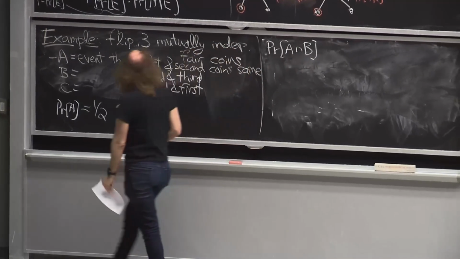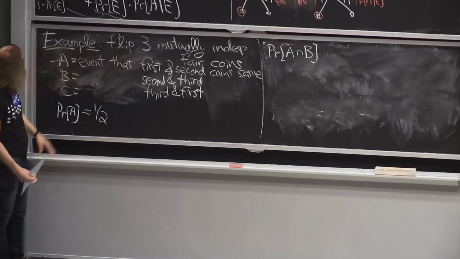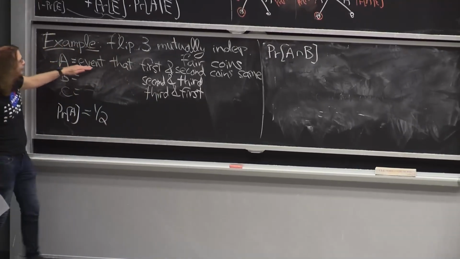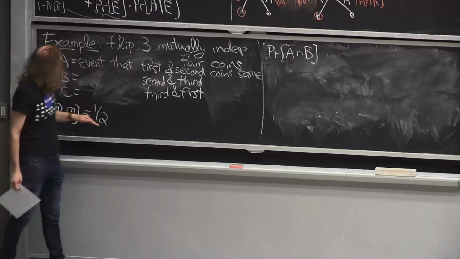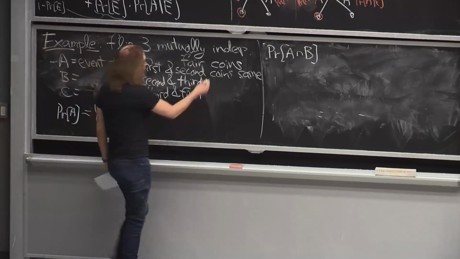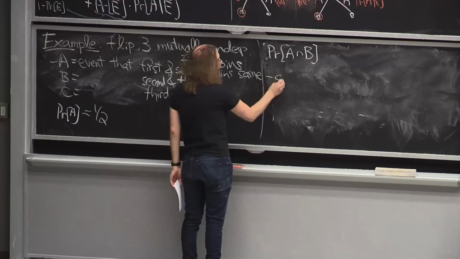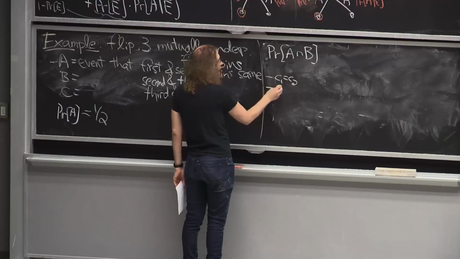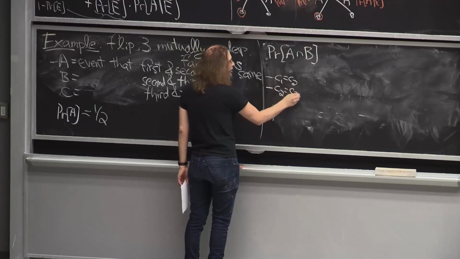All right, now we have to actually look at the problem. A is the event that the first and second coins are the same. B is the event that the second and third coins are the same. So this is like coin 1 equals coin 2, and this is like coin 2 equals coin 3.